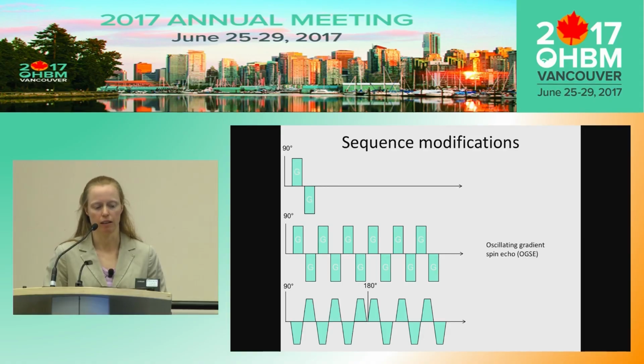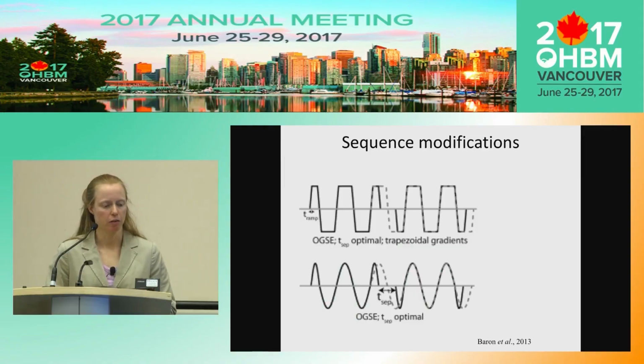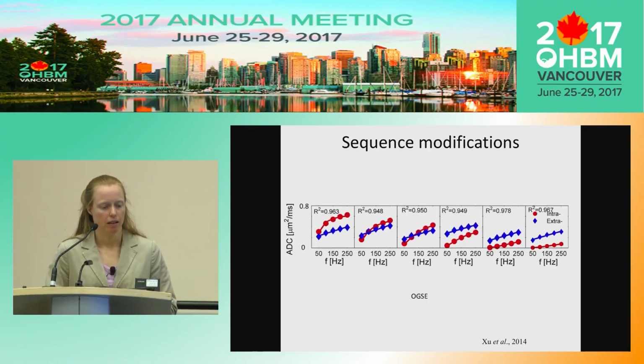This is called oscillating gradient spin echo imaging. I'll just show you a recent example. The diffusion time achievable was around 4 milliseconds instead of the more standard 40 milliseconds. And here's an example, again, looking at the time dependence of the extra-axonal diffusivity, which is the blue here.